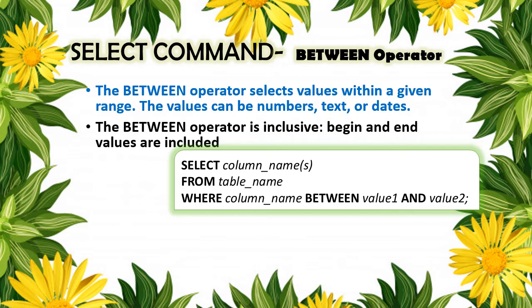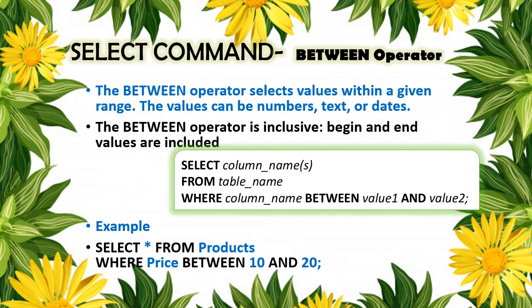Only values in the range between value 1 and value 2 will be selected. For example, we are selecting the details of products whose price is between 10 and 20. So 10 and 20 are also included: products with prices from 10 to 20 are selected and displayed.